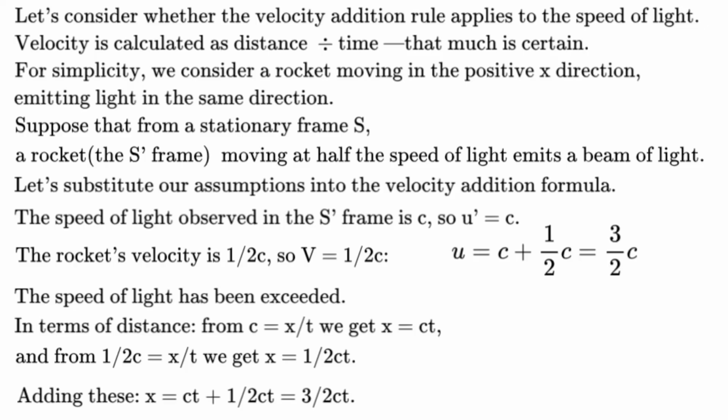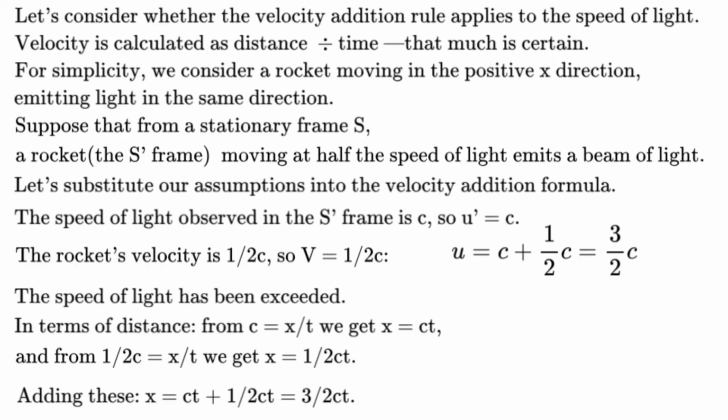Let's substitute our assumptions into the velocity addition formula. The speed of light observed in the S' frame is c, so u' equals c. The rocket's velocity is 1/2 c, so v equals 1/2 c. u equals c plus 1/2 c equals 3/2 c.